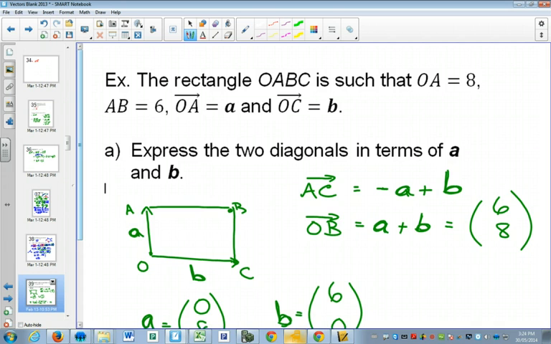And we know that this length here is 8. Put that on my diagonal. And this length here is 6. So as far as, if you think of these as points, the point B would be 6 to the right and 8 up. Obviously, my rectangle is drawn to scale, as everything always is in this class.